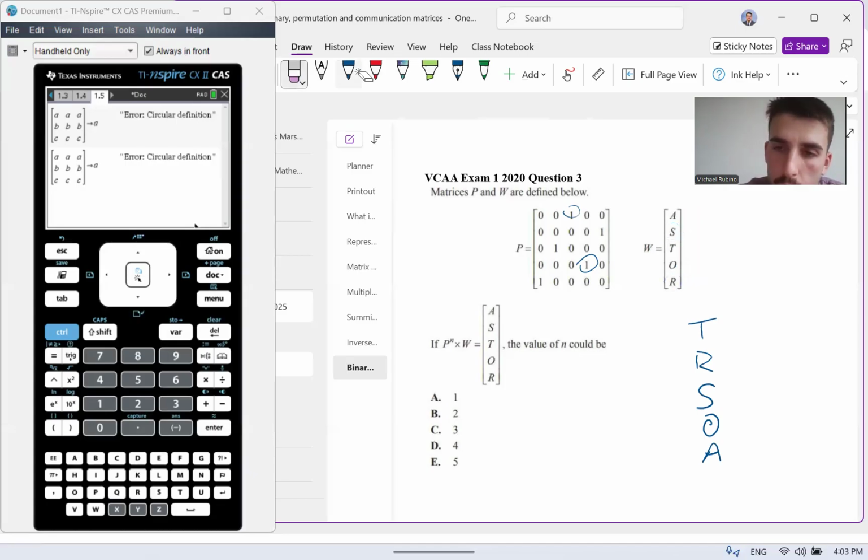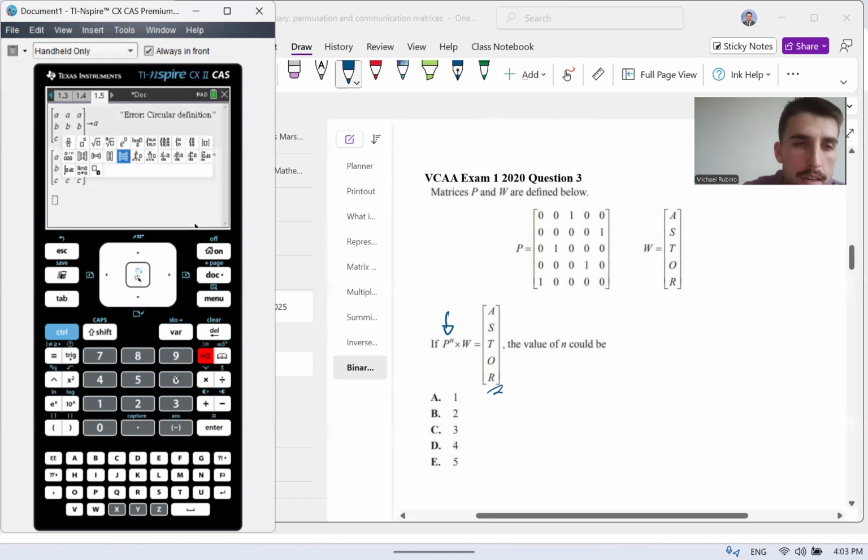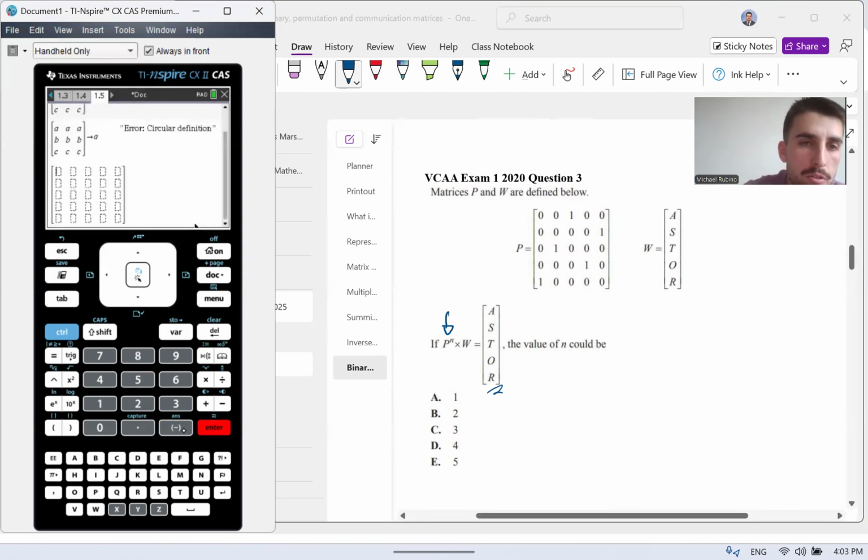Now, the rule that they have said to us is that we can raise the power of P so that P changes, and if we multiply it by W, we might still get our initial value. So let's find what that value of P might be. We need to do a 5x5 matrix.